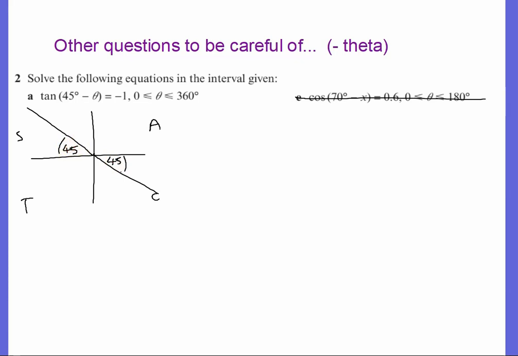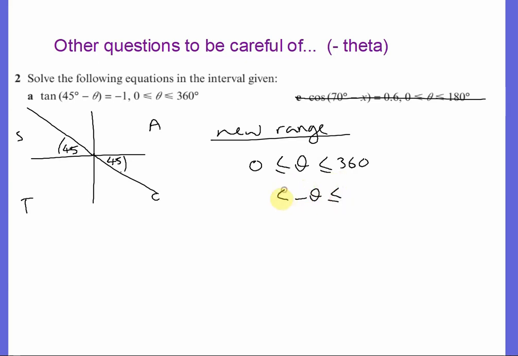Right. So new range. So I'm going to take this slow. So theta is at the moment up to and including 360 and more than or including 0. Well, minus theta would actually be minus 360 up to 0.